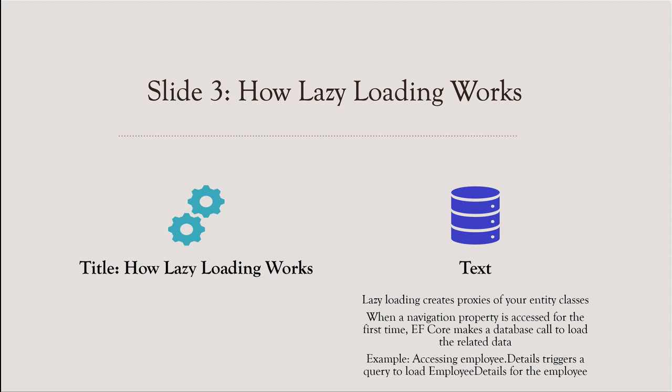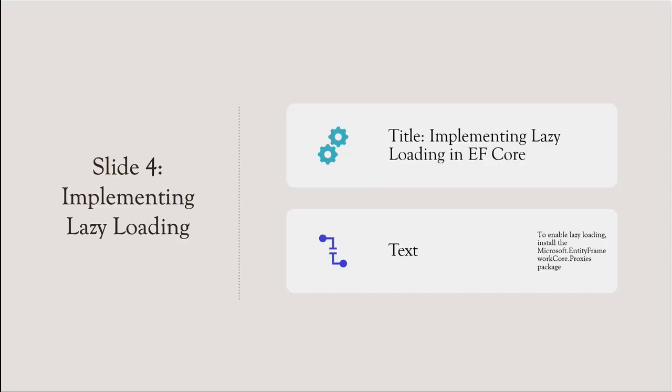The first time you access the property, a query is sent to the database to fetch the related data. For example, if you have an employee entity and you try to access an employee detail, lazy loading will trigger a SQL query to load those details only when needed.